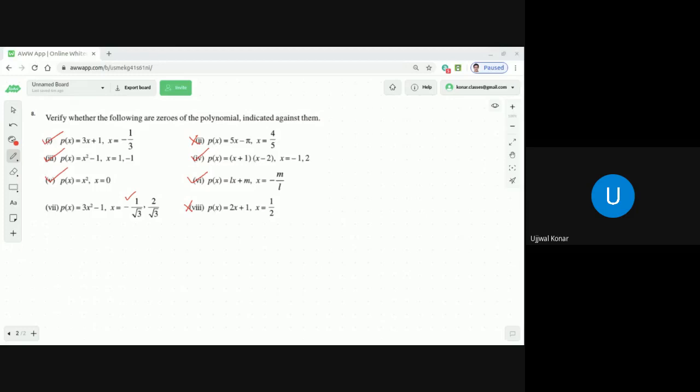And both for Kalpita and Manishika, I will evaluate your DPP2 and that will be done by tomorrow. Okay, sir.